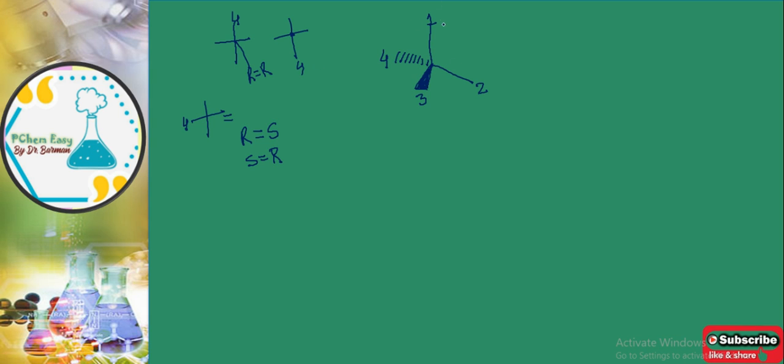So what will we have to do? We will have to move 1 to 2, 2 to 3. How are we moving? Clockwise. Clockwise will be R. If it is anti-clockwise, it will be S. Up to this it is clear. Anti-clockwise is S. Now we will have to see the fourth group.